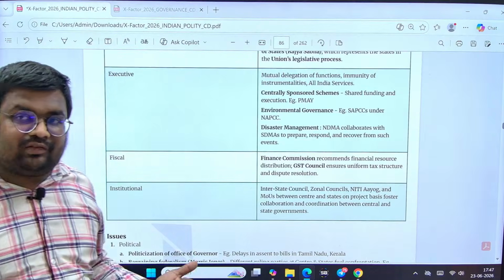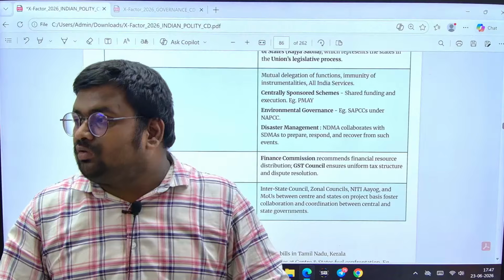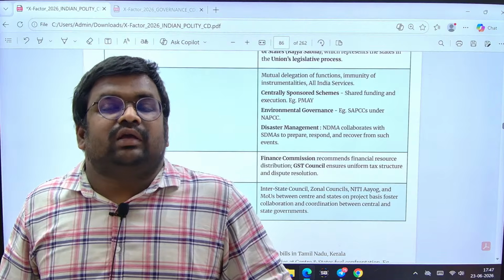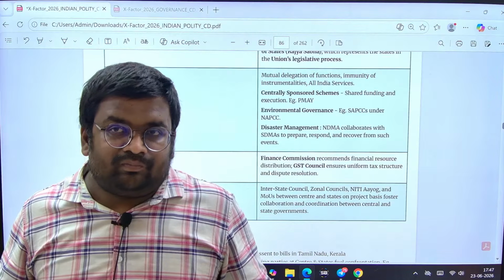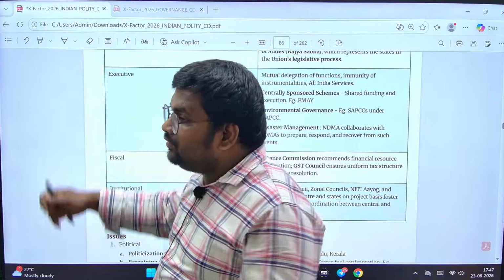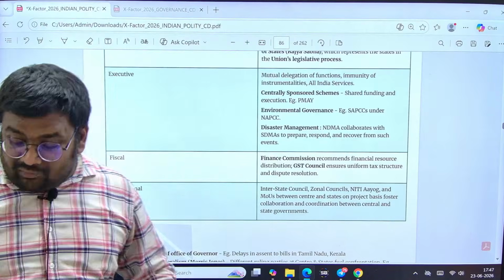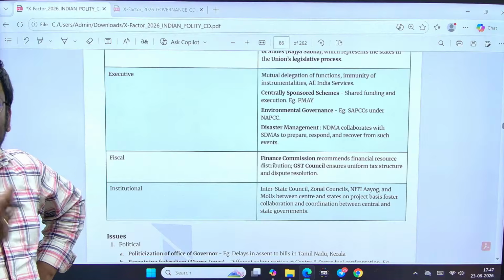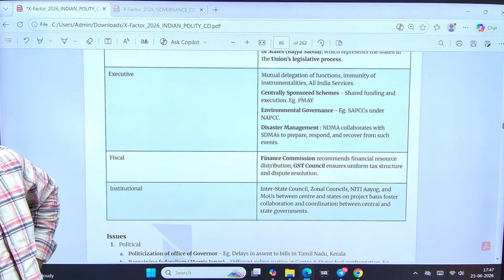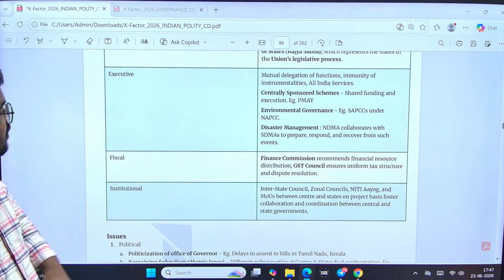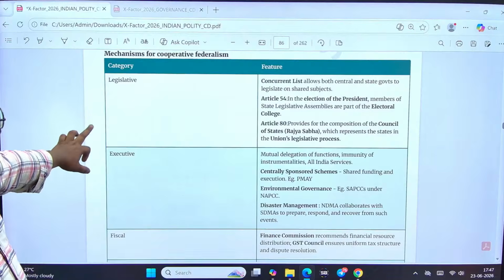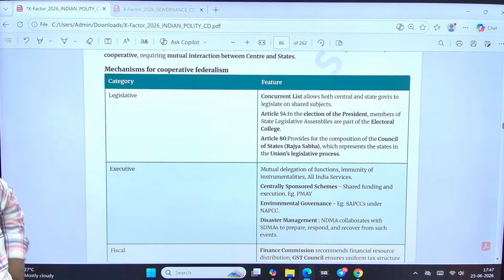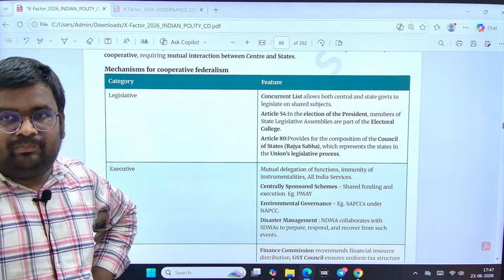Now imagine if they ask you a question on cooperative federalism, and there you provide this kind of classification. Even if everyone is writing the same points and covering all the important dimensions, you are still going to get 0.5 extra because you are providing a proper, precise classification.